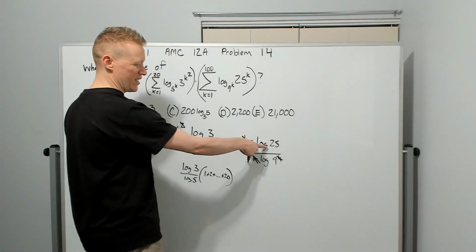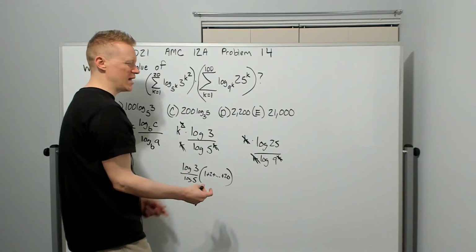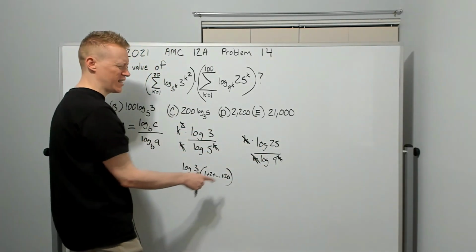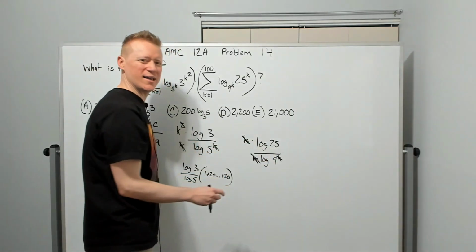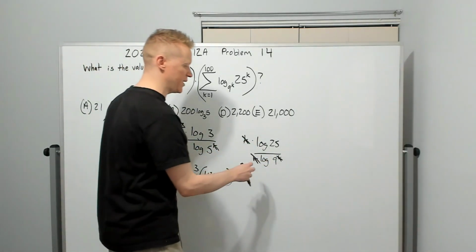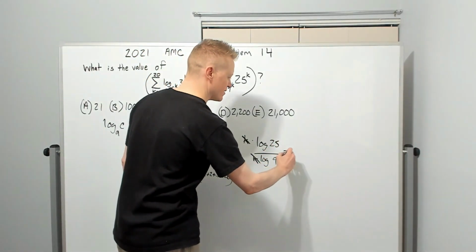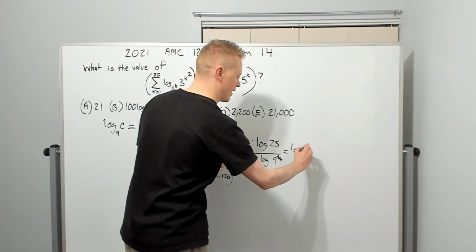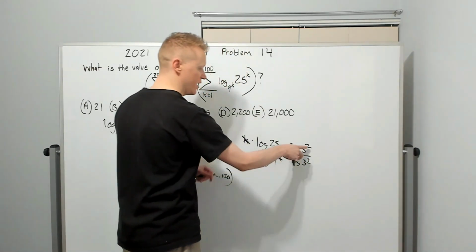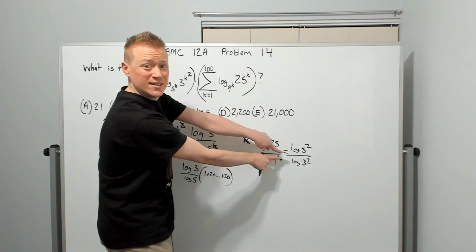You basically have 100 of these being summed up, but is there something more? These look like they might play well together. Why is this 5 squared? Why is this 3 squared? Well, probably because we're supposed to change its appearance. If I now make this log of 5 squared over log of 3 squared, those 2's come in front and cancel.